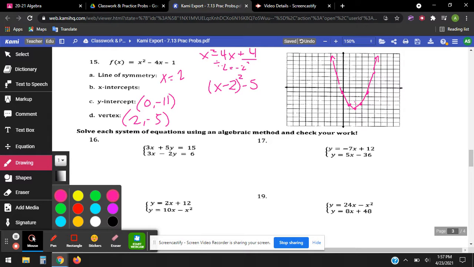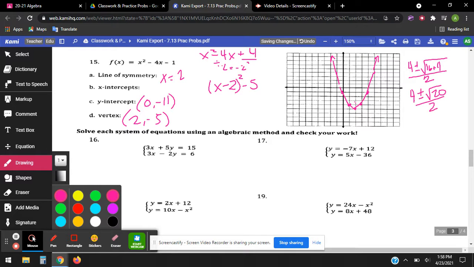All right, so negative b, that actually is a positive 4, plus or minus the square root of 4 squared, which is 16, minus 4 times a, which is 1, times c, which is a negative 1. So 16 plus 4, divided by 2. So 4 plus or minus the square root of 20, over 2.